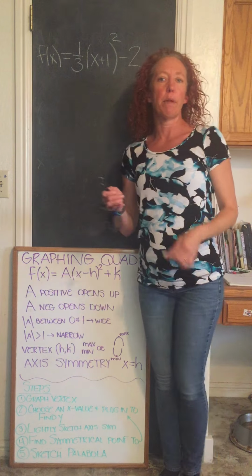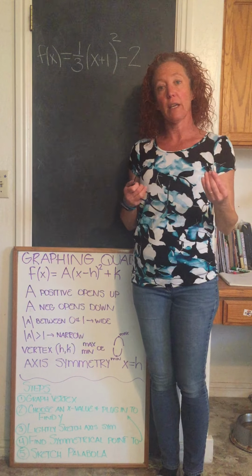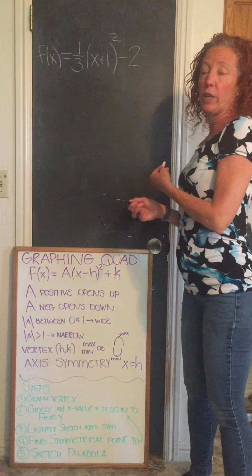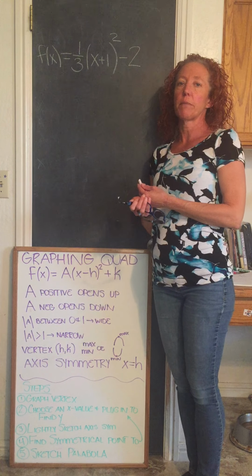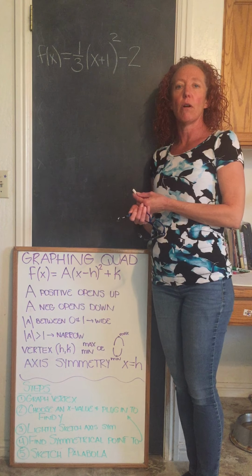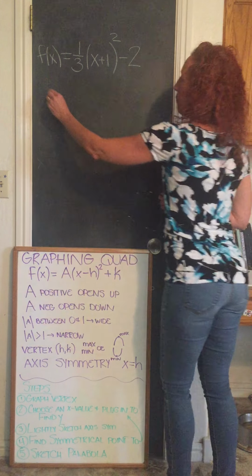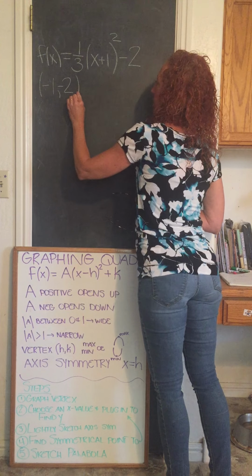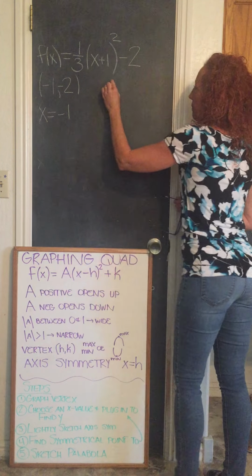So if you haven't been pausing and kind of guessing for yourself or checking your understanding, maybe do that now. Which way is it going to open? Where's the vertex? Where's that axis of symmetry? How much can you do on your own without watching any more of the video? My vertex is going to be at (-1, -2). My axis of symmetry is x equals -1.